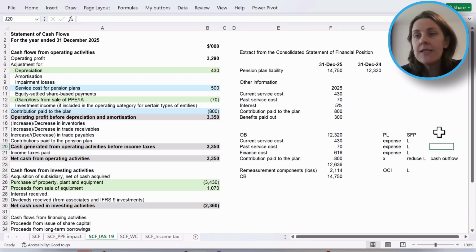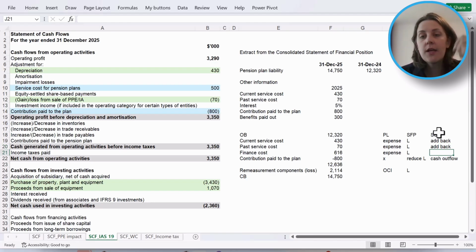Now, let's double check what is going to happen with our statement of cash flows. Current service cost and past service cost are going to be added back. Why? Because they reduced operating profit in P&L, and now we need to add them back because they are non-cash.